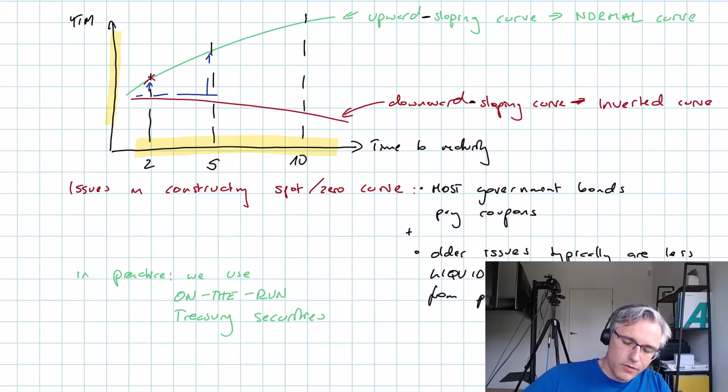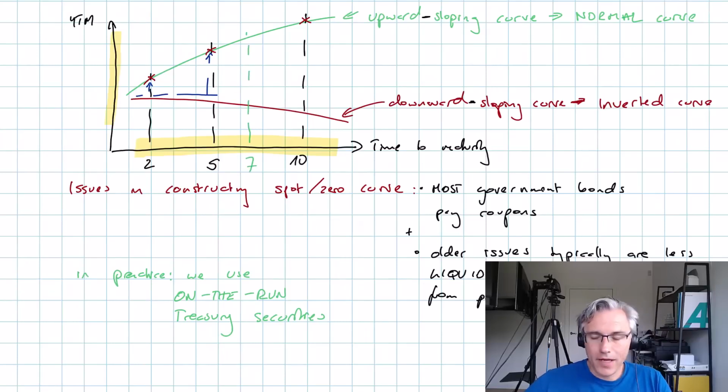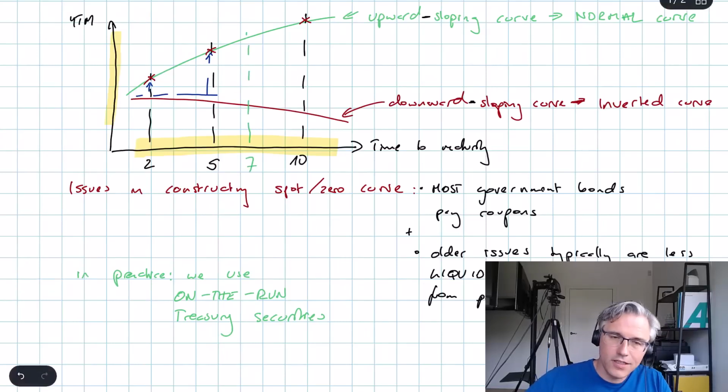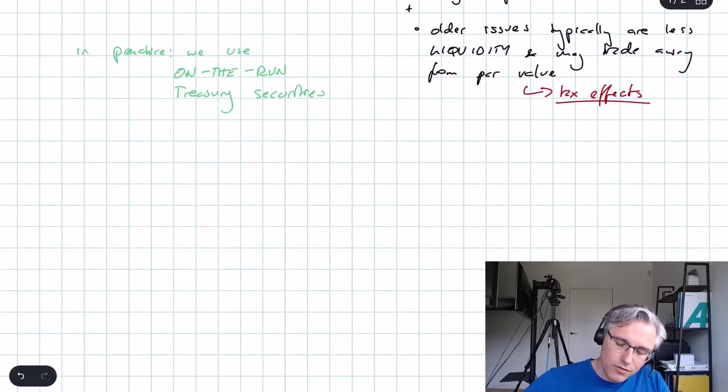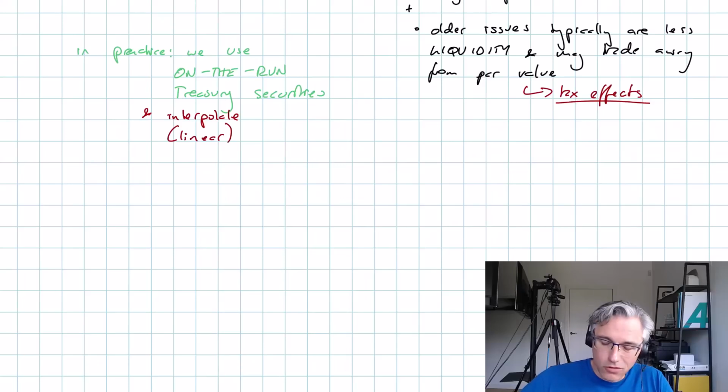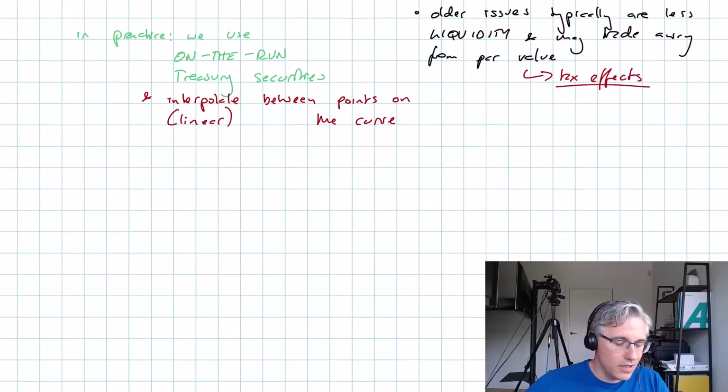So if you know this point is here, this point is here, and this point is here, how would you judge the 7-year rate? Well, you would use some form of linear interpolation between the numbers that you've already got from the hard data. So we use on-the-run treasury securities and interpolate, in a linear way, often between points on the curve that you get from actual bond data. So constructing the curve is not necessarily very easy.